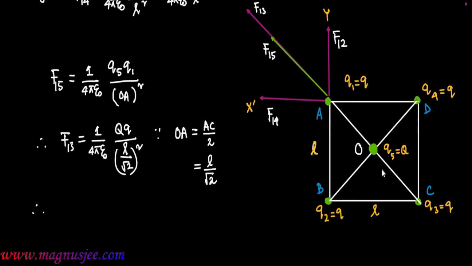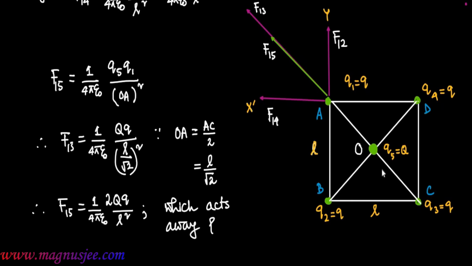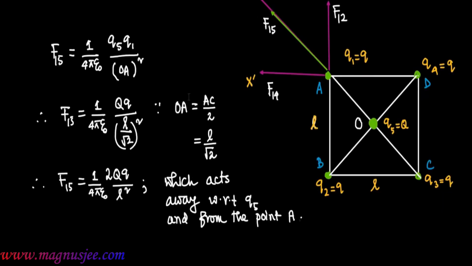Therefore, F15 equals 1 by 4 pi epsilon 0 capital Q small q, 2 capital Q small q divided by L square, which acts away with respect to the charge q5 and from the point A.